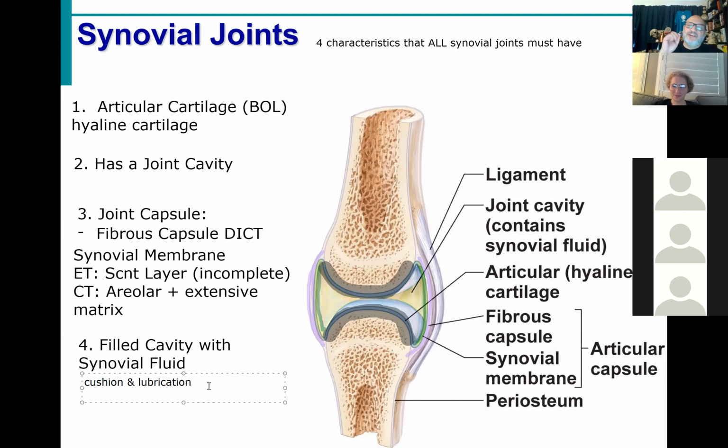Remember, cartilage is avascular. It doesn't have a direct blood supply. So by having the synovial fluid bathe over the surface, the other major function is that it helps to maintain the cartilage, so that it's providing oxygen and nutrients. It's removing the wastes. So it helps to maintain the health and integrity of the cartilage.